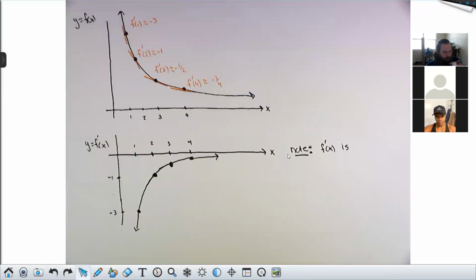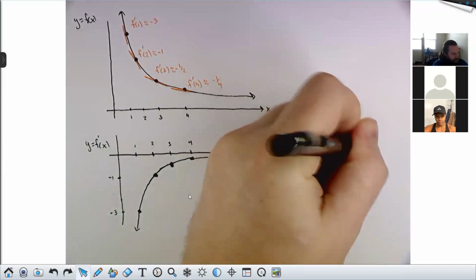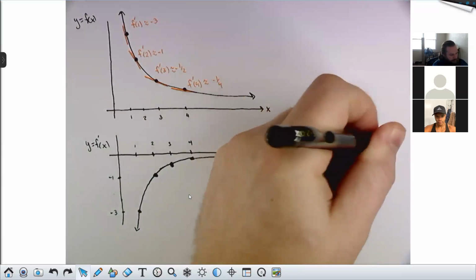It doesn't have any local maximums or minimums from what we can see. That's true. F, as I've drawn it here, doesn't have any mins or maxes, and f prime doesn't have any roots, doesn't have any x-intercepts. F prime is never 0, never changes sign. What else do we notice about the function f prime here? Is it increasing or decreasing? Increasing, yeah. F prime is increasing.